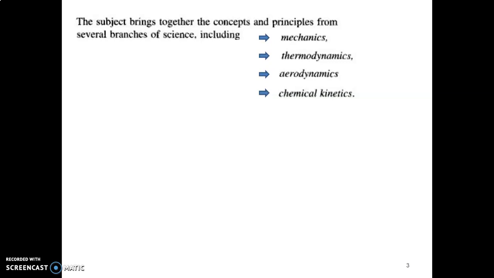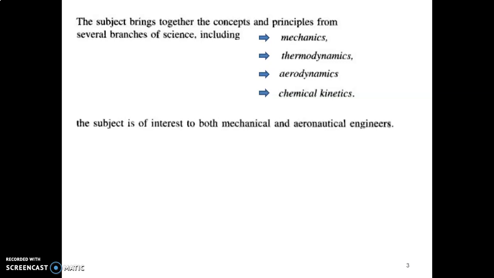And from thermodynamics, as we have already said, we will take some fundamental concepts for easy comprehension. In the case of aerodynamics, we have seen certain applications. And in chemical kinetics, in applications like rockets and missiles, we need to consider chemical kinetics also. Certain chemical reactions will be taking place in those applications, so we need to learn about chemical kinetics also.